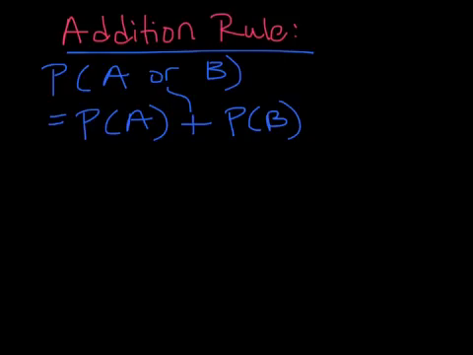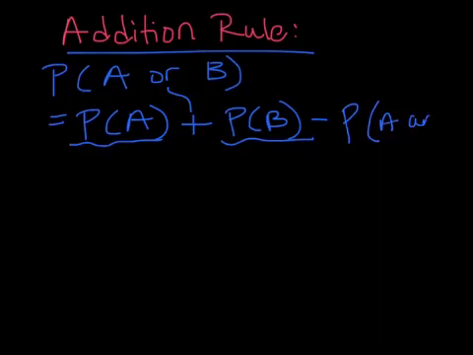And then we have this thing on the end. If A and B are mutually exclusive, which I'll write down in a second, meaning they can't happen together, then I'm all set here. But if they can happen at the same time, I'm going to have counted them here and here, so I have to take away this chance of them happening together.